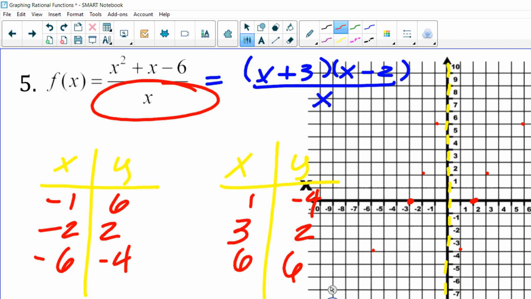If you're still unsure, just go graph. Just go graph. And see if your points make sense. This one goes like so.